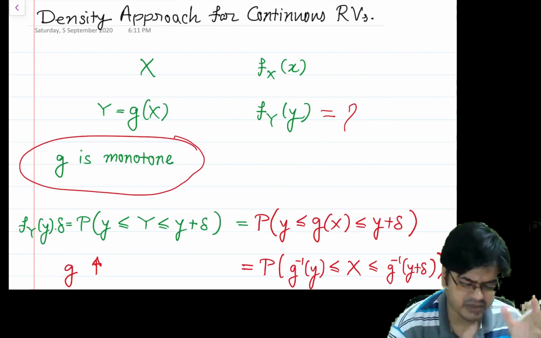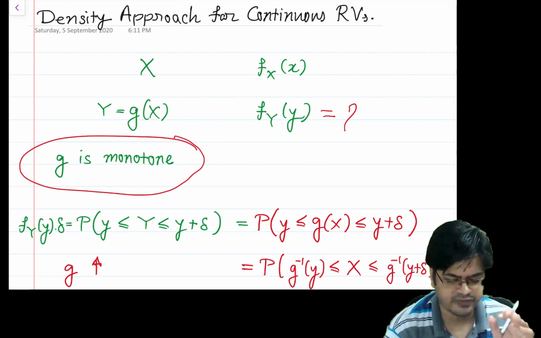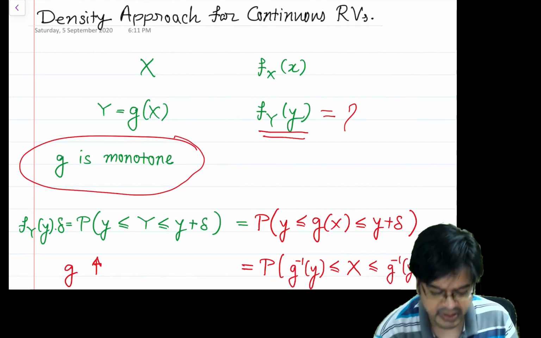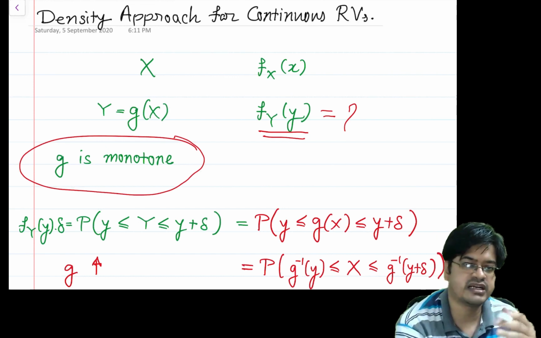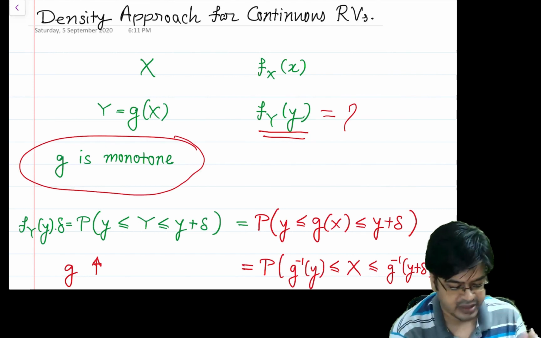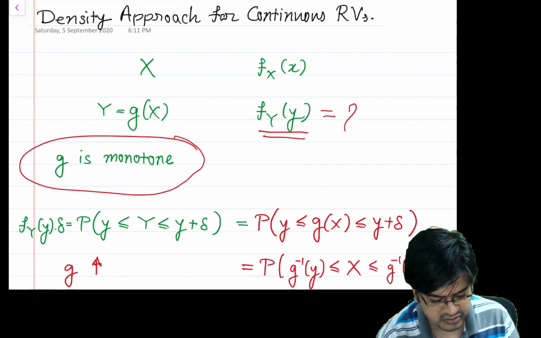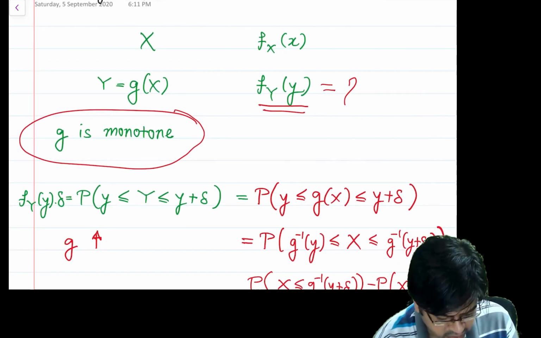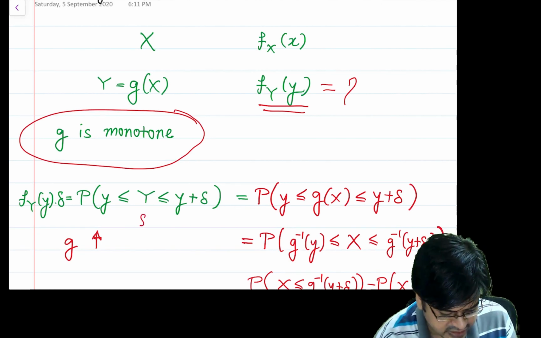For our purposes, let us take g to be an increasing function, and let us start deriving the density of y. Initially what we did was start with the CDF of y. So instead now you start with a small interval from y to y plus delta, where delta is very small.